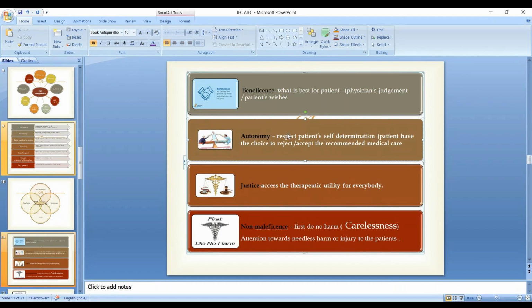So it is known as autonomy. Once he has given consent, it is not like he has to continue. At any point of time, if he is unsatisfied with your treatment or anything, he can withdraw himself from the study. We call that the dropout rate.